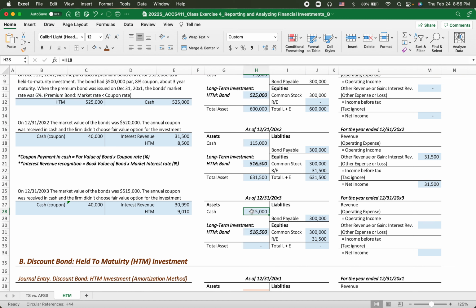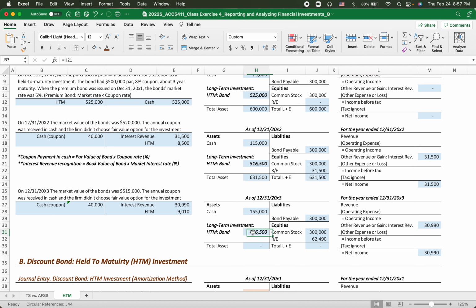Okay, let's get started. Cash first. Cash amount increased because of the coupon received. Interest revenue is smaller than the coupon received, right? Then the ending balance of retained earnings must be added with this net income.